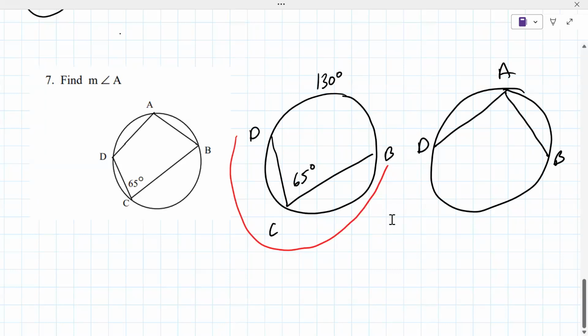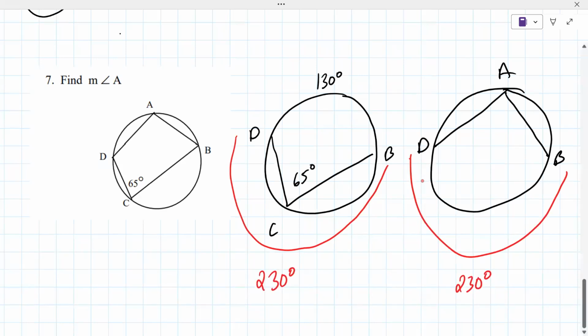The top of it would be 230. They're drawn exactly the same. D is where D is, B is where B is. It would be half of the circle. Yeah, it would be 230.